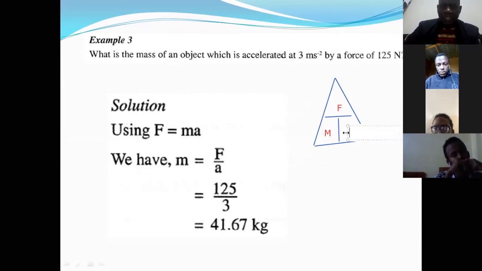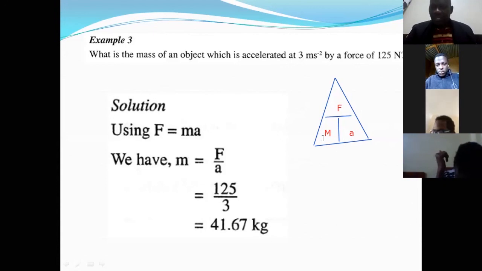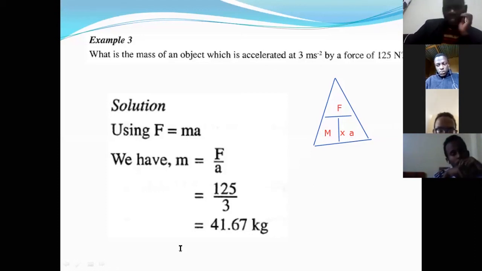Then we put acceleration here. So this is how you'll be arranging them. It becomes very easy. If you want to find force, you cover force, then this will be multiplication. So at this point here, this is normally multiplication, and this is normally divided by. So force is mass times acceleration. When you cover acceleration, then it means acceleration is force over mass. When you cover mass, mass is equal to force over acceleration. So that's mass is force over acceleration. Then you find this.